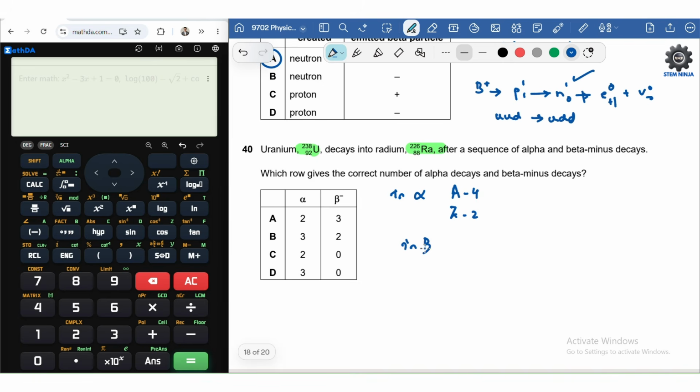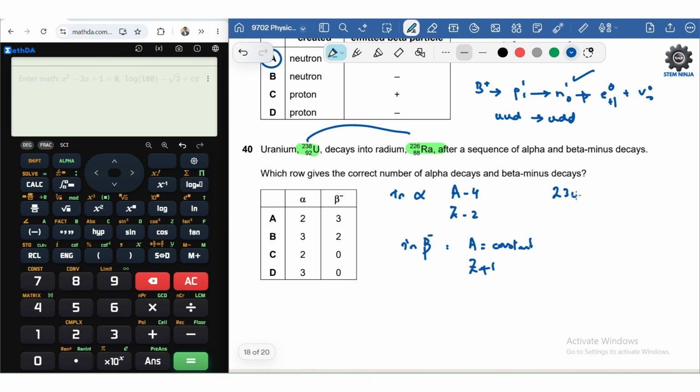But in beta decay, mass number remains constant, and for beta negative, the new Z would be Z plus 1. Since the mass number remains constant in beta decay, we need to consider the number of alpha particles from the mass number.